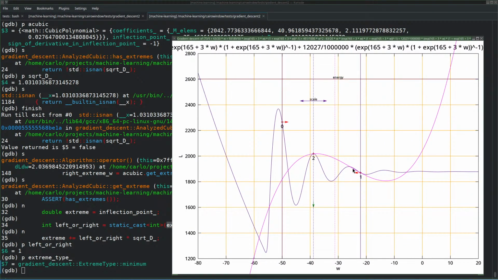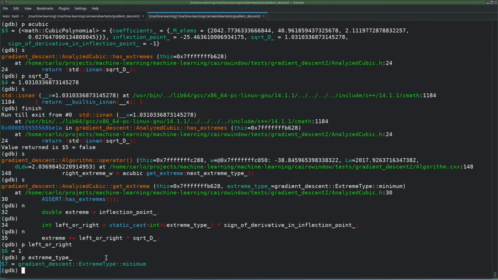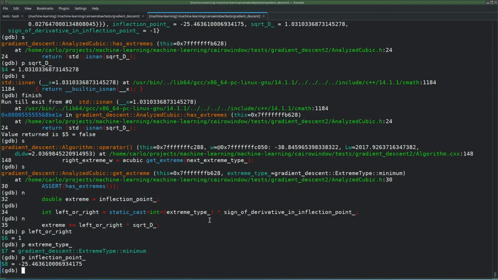So reflection point is here, and it says +1, so it wants to go to the right in order to find the minimum. Just the distance that it goes is way not enough. And this was also correct. -25, yeah.